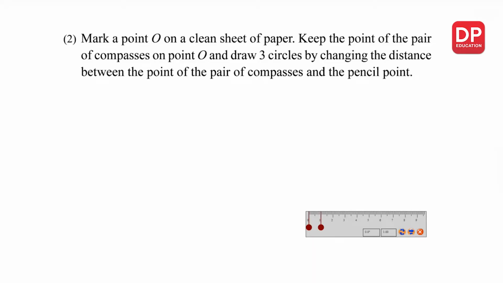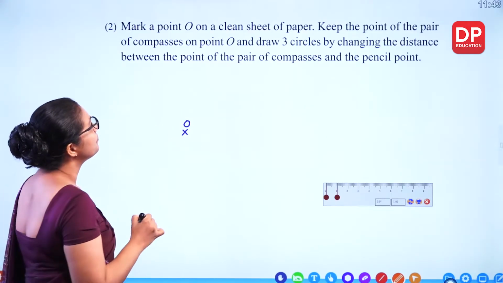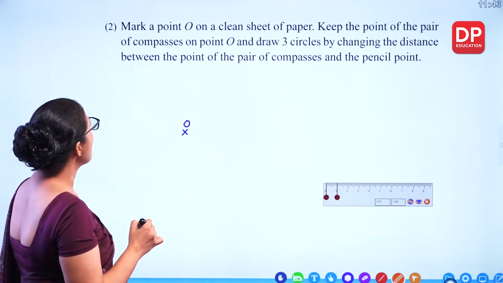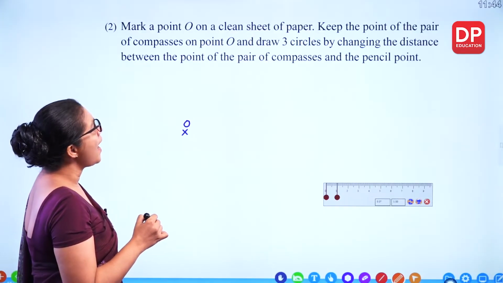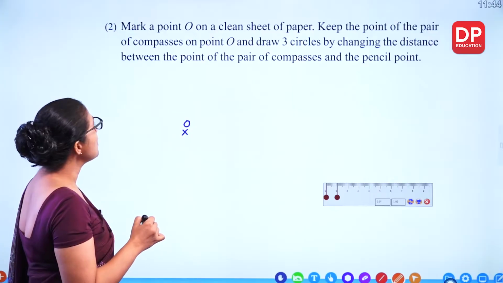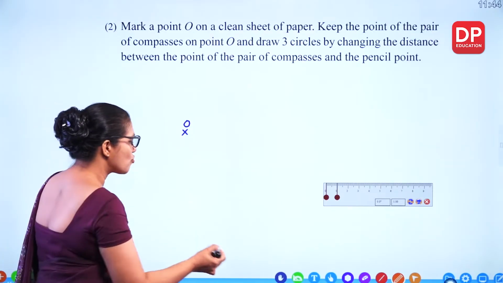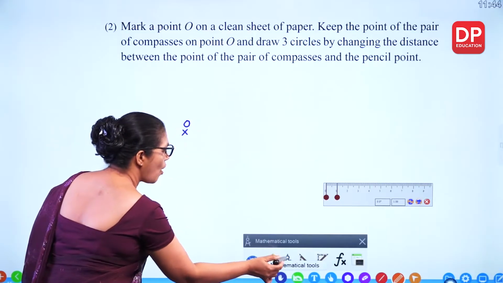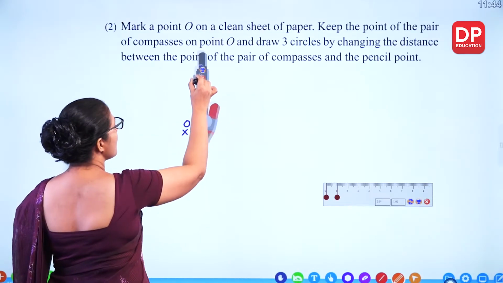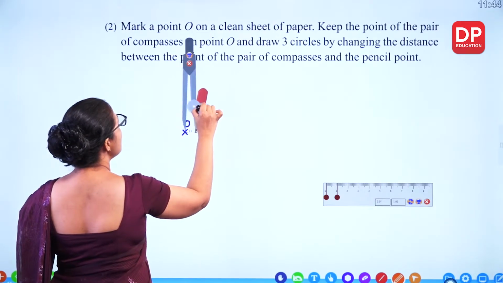Mark a point O on a clean sheet of paper. Keep the point of the pair of compasses on point O and draw 3 circles by changing the distance between the point of the pair of compasses and the pencil point. So you can take the compass. So same center, 3 different sizes.